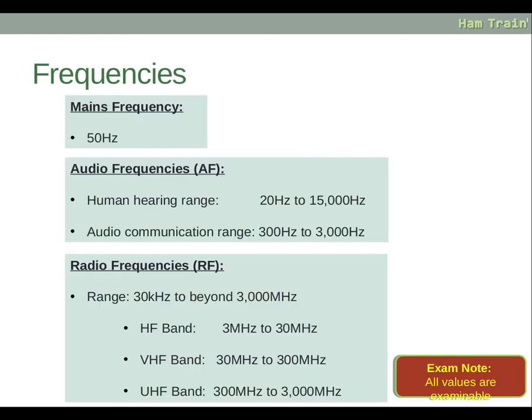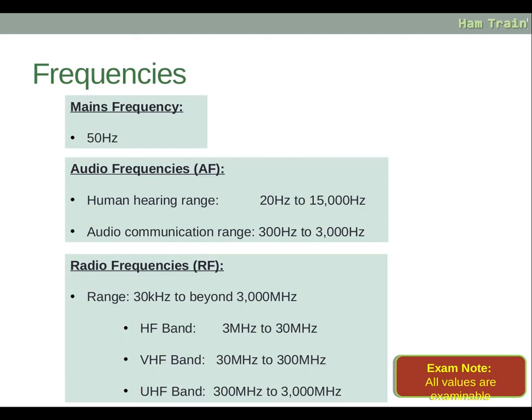So we're going to discuss frequencies now. There are a few facts that you need to remember for the exam. The first one is that the mains frequency in the UK that provides houses with power, the frequency itself is 50 Hz.